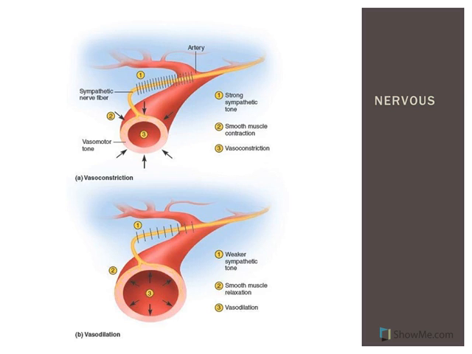So we have some blood vessels that are innervated by the sympathetic division, and they release norepinephrine, which then binds to alpha-1 adrenergic receptors located on those vessels. Now, if that happens, that causes vasoconstriction, and that vasoconstriction would lead to a reduction in flow.